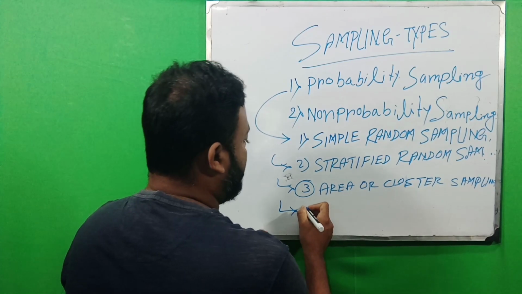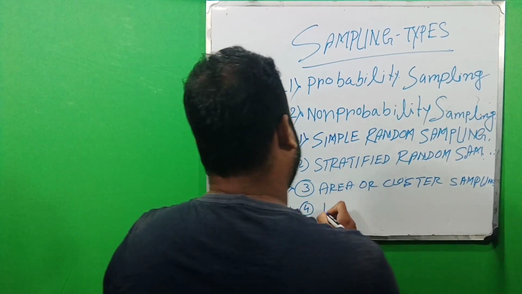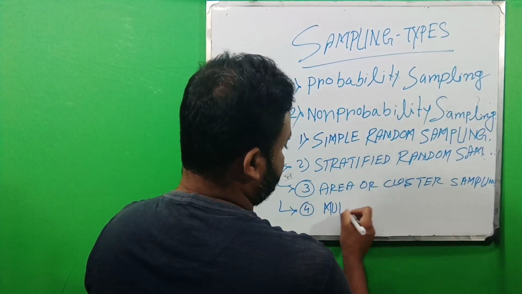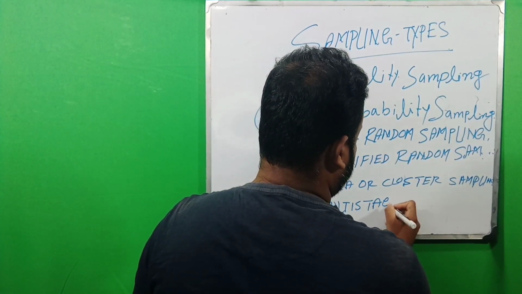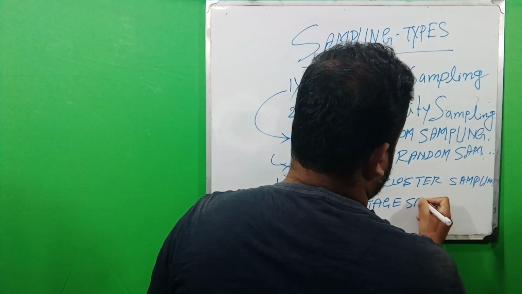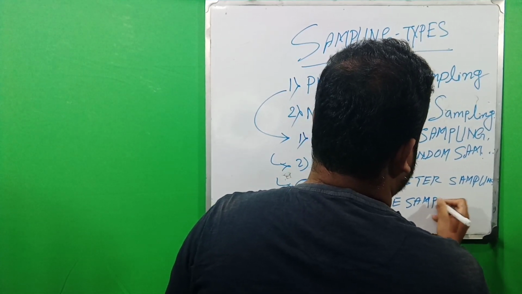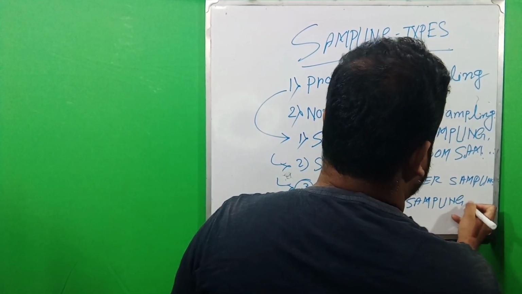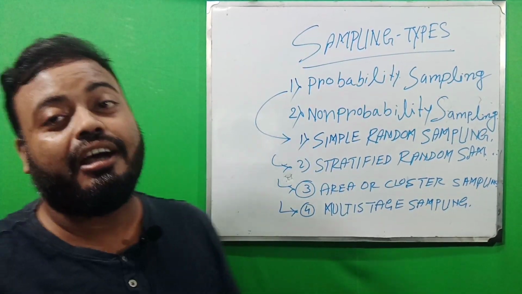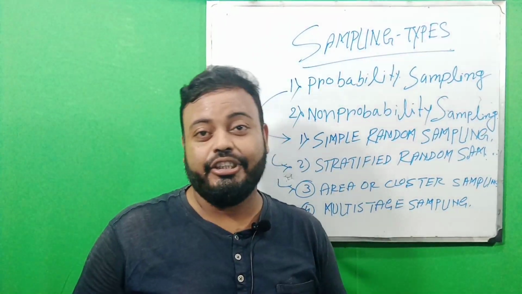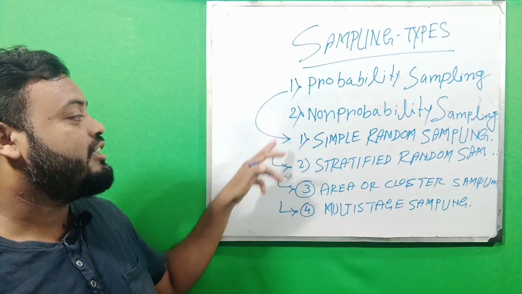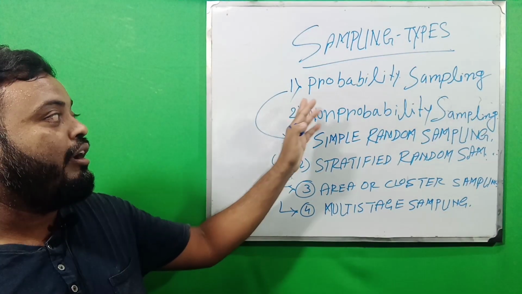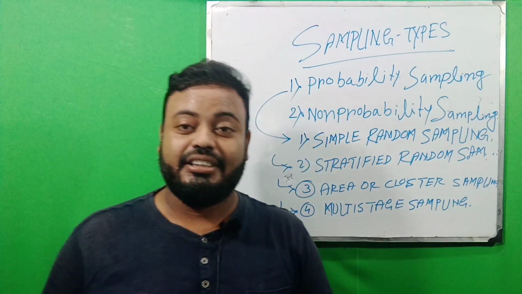And number four, multi-stage sampling. So those are the categories or subcategories of probability sampling. So today we learn about those subcategories and about probability sampling.